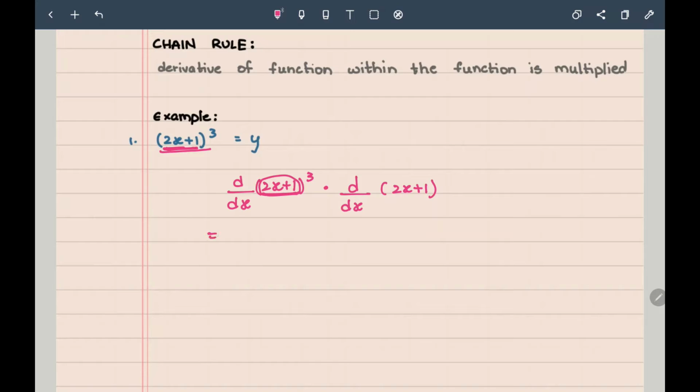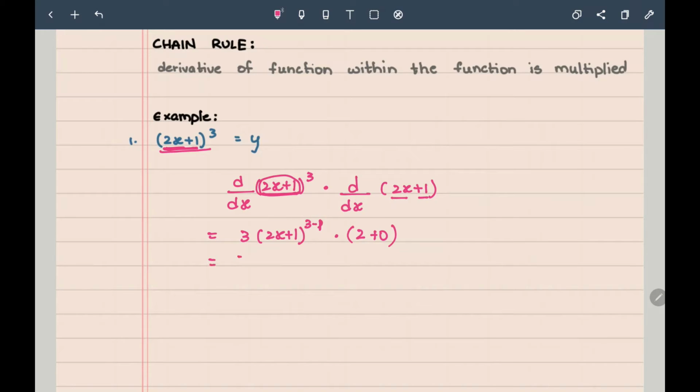So it will be 3 into 2x plus 1 power 3 minus 1 into derivative of 2x is 2 and derivative of 1 is 0.